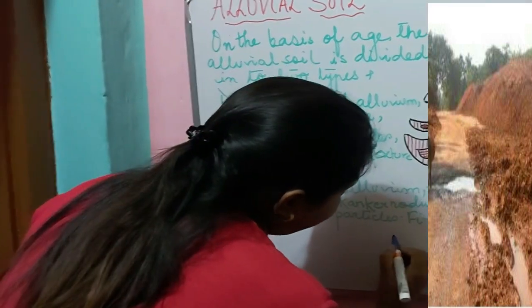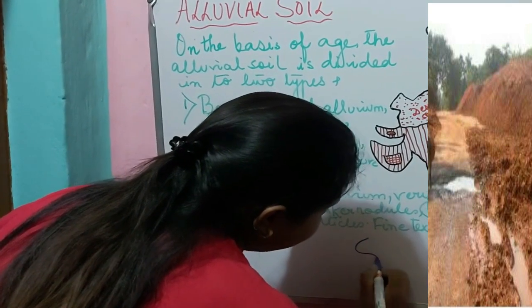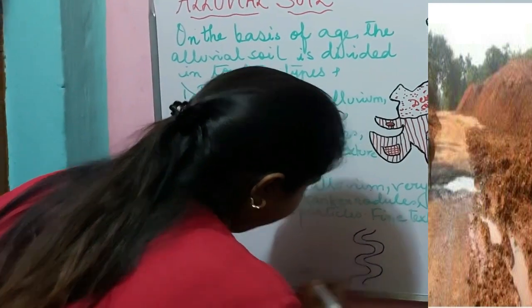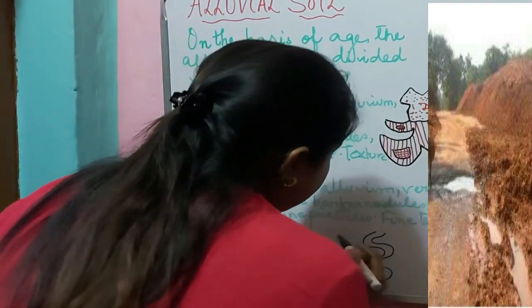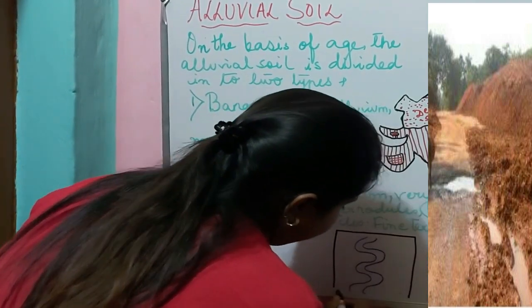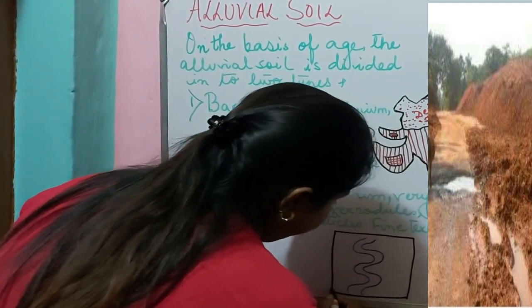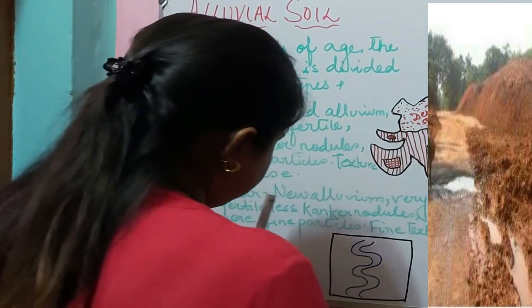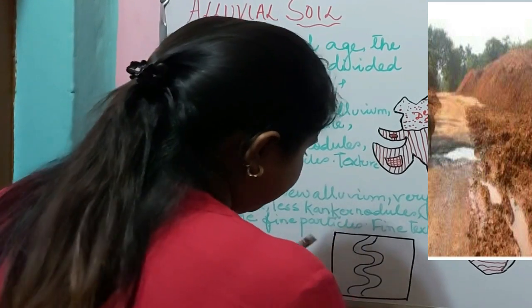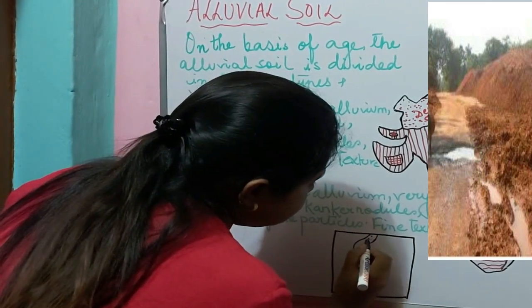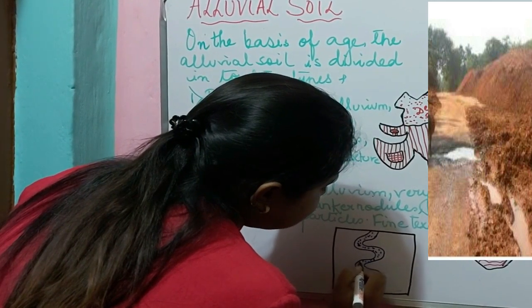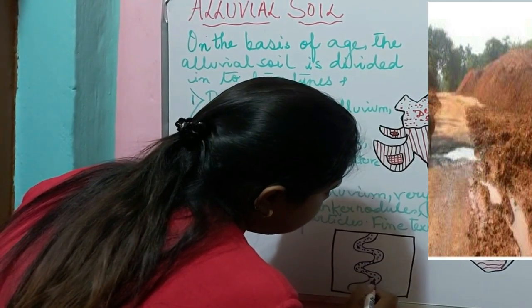Let us understand with the help of a diagram. When the river comes from the mountain, that means the point from where the river starts and comes to the plain, in this course the river carries a lot of sediments, and due to constant erosion and deposition, these sediments get deposited.